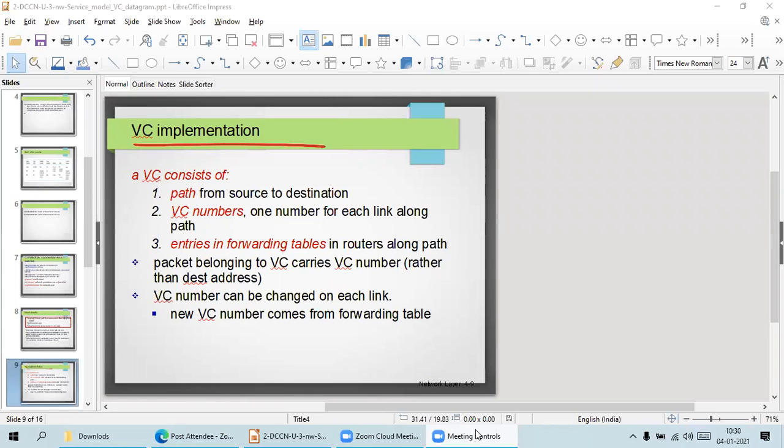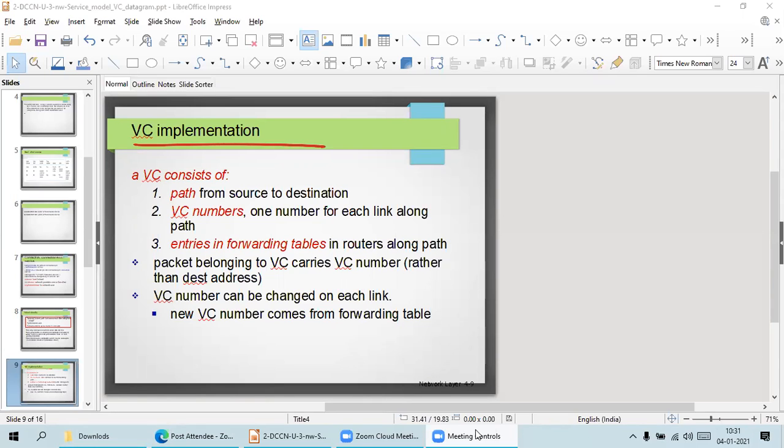Packets belonging to the virtual circuit carry the virtual circuit number rather than the destination address. We have discussed this just before. The destination address is nothing but your mobile phone number. But if I have connected through my work telephone exchange, my connection is established.